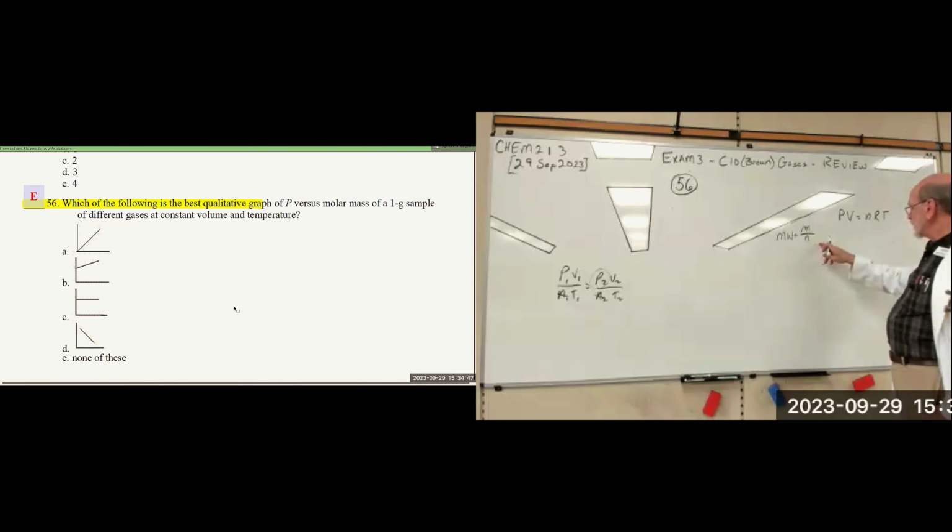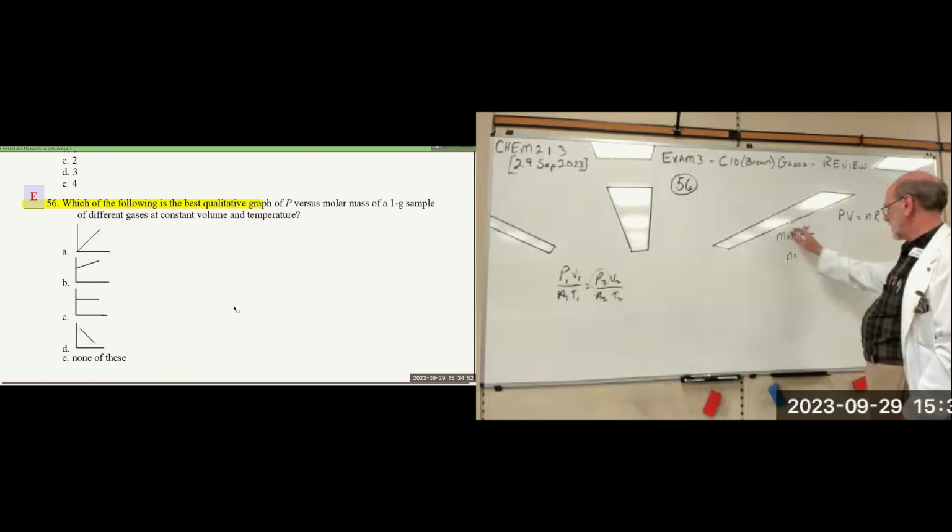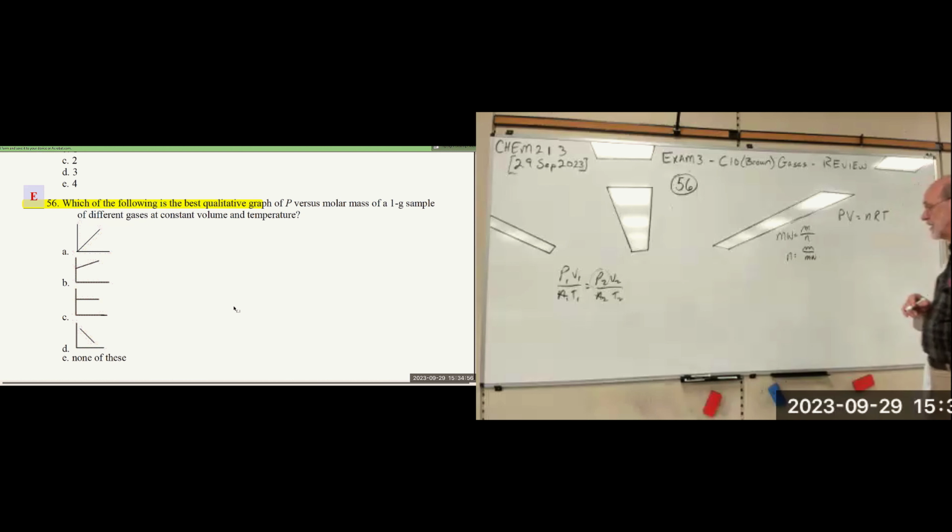So if we solve for moles and substitute that, N over here, then M over MW, like that. Then we can substitute this right here. And that gets molecular weight in the formula along with pressure. Okay? All right, let's do that.